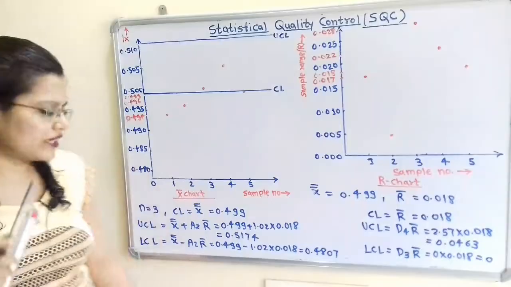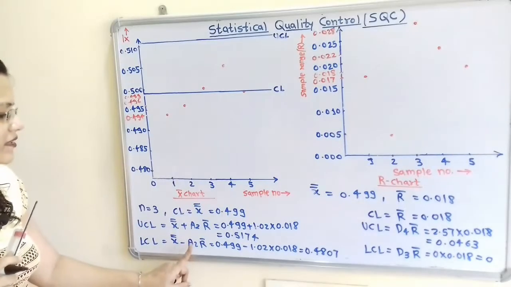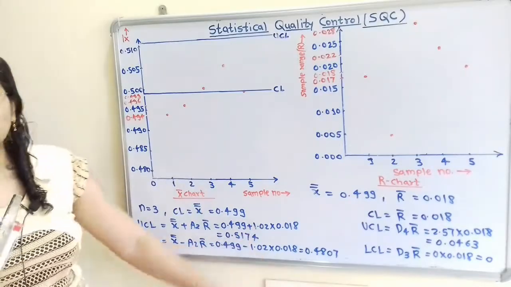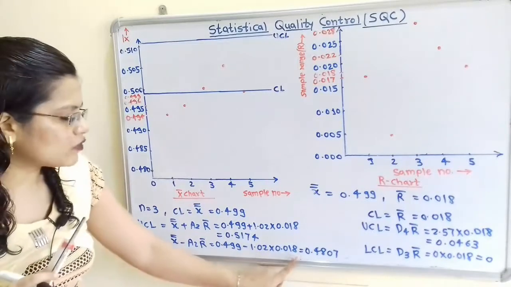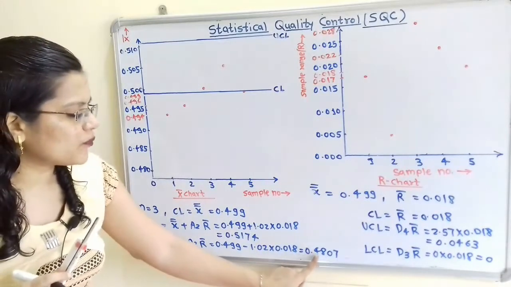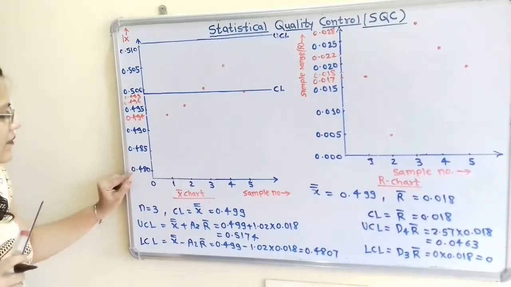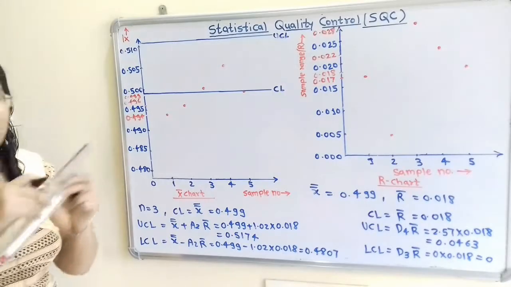Now we will calculate the lower control limit, and the formula is X double bar minus A2 R bar. The value of A2, that is 1.02, we have to take, and if we calculate, we get 0.4807. So we will take it in between 0.480 and 0.481.